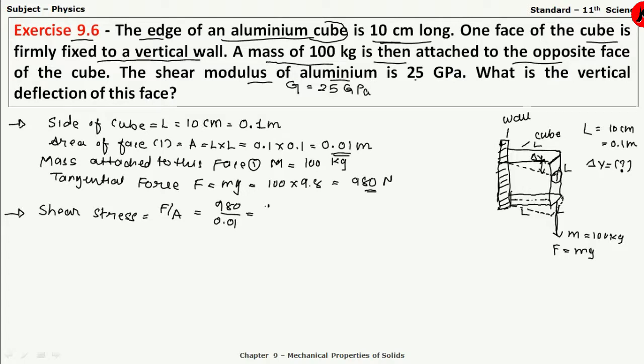If I simplify, 9.8 into 10 raised to 2 divided by 10 raised to minus 2, ultimately it becomes 9.8 into 10 raised to 4 Newton per meter square, which is the unit of stress, right.